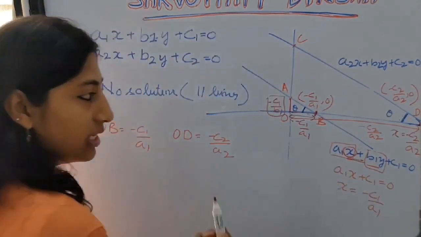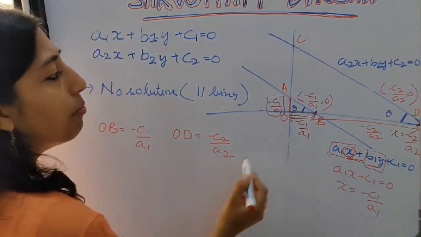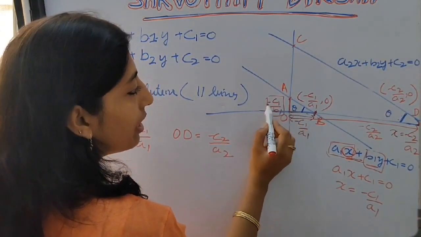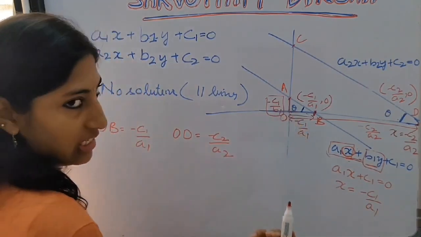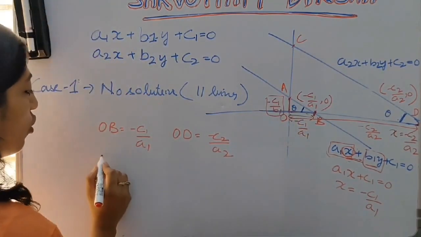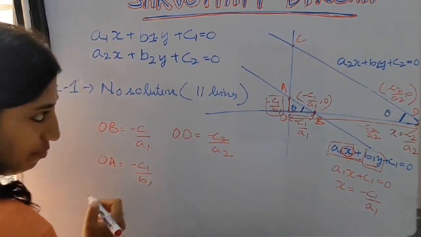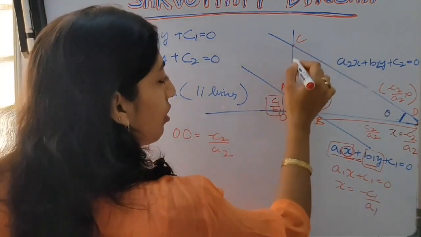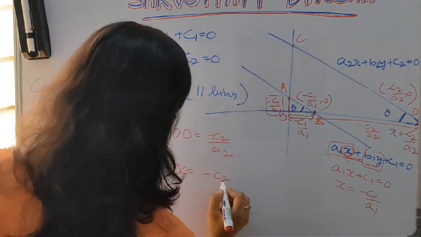If I put my x coordinate as 0, this term will become 0 and my y coordinate will be minus c1 by b1 and this length will also be minus c1 by b1. That is OA is equal to minus c1 by b1. Same way, what will be OC? OC will be minus c2 by b2.